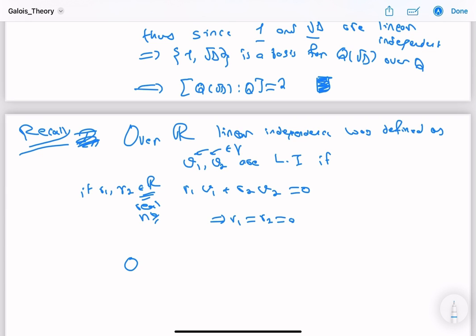So over a general field F, this is a definition for you.